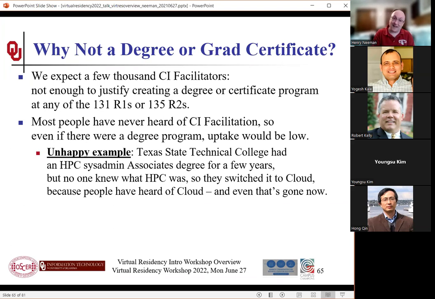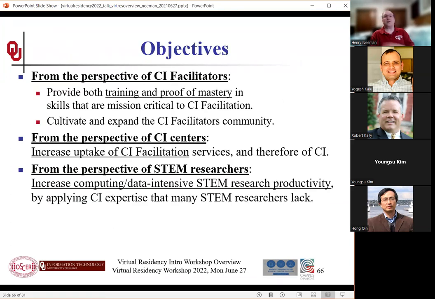So then they switched it to cloud, because at least people have heard of cloud. That's gone now. They do cybersecurity, which everybody and their dog is interested in getting a degree in, and they've made a huge success out of that. But the things that were interesting to our community, they couldn't generate a big enough group of consumers to keep the program going.